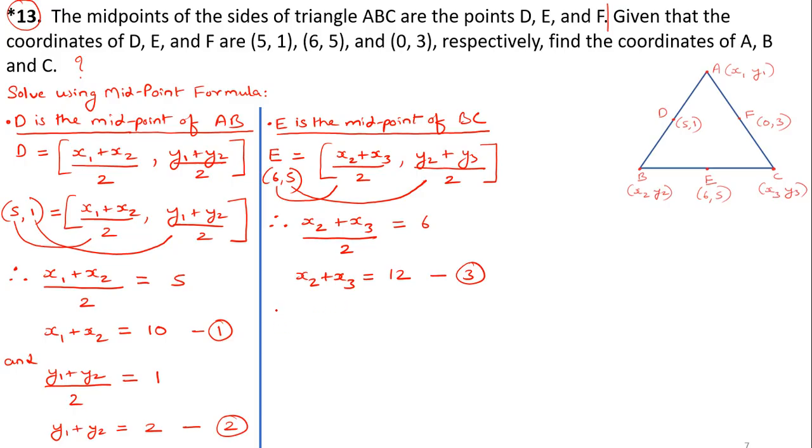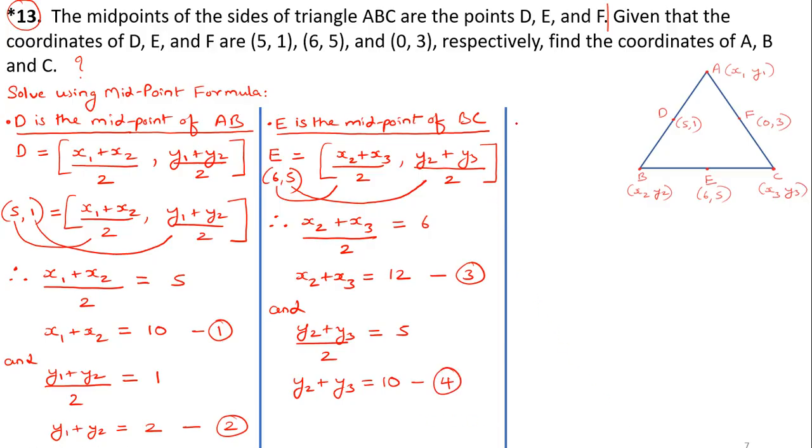Then similarly y2 plus y3 divided by 2 is equal to 5. I will send the 2 to that side, so y2 plus y3 is equal to 10. Let me take this as equation 4.